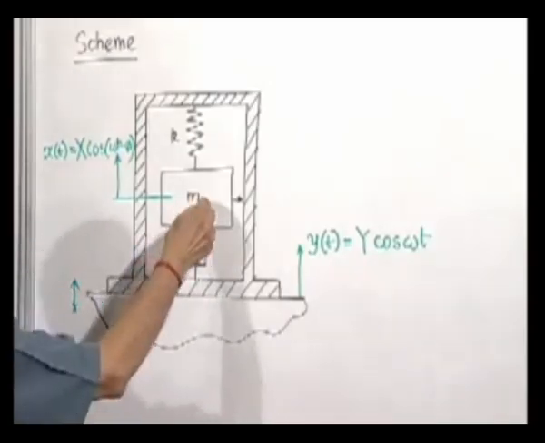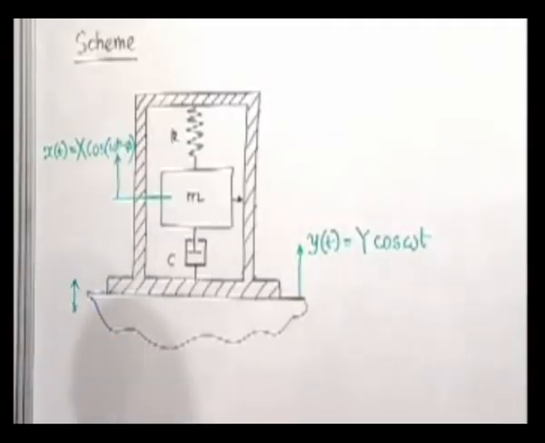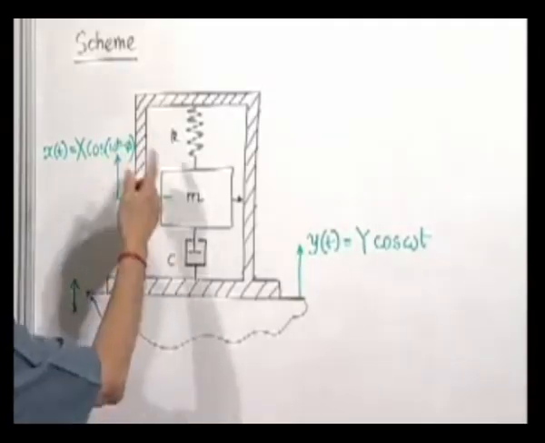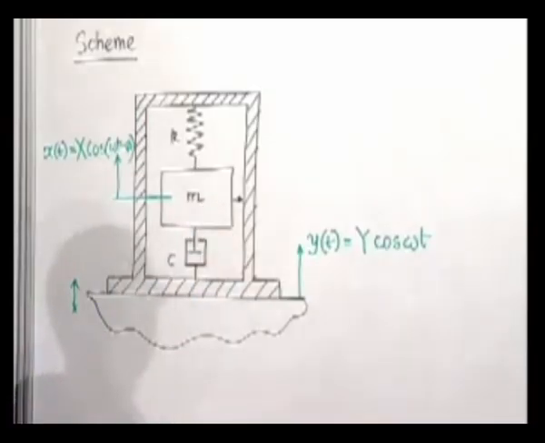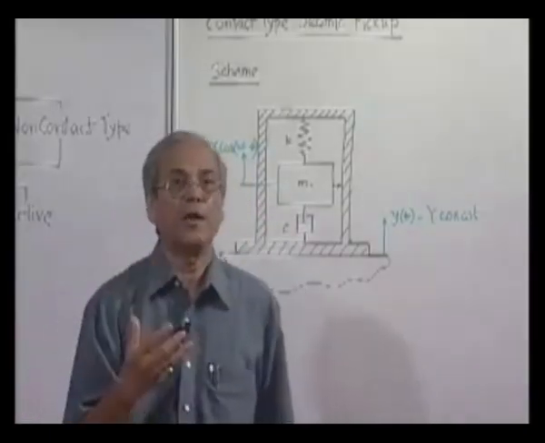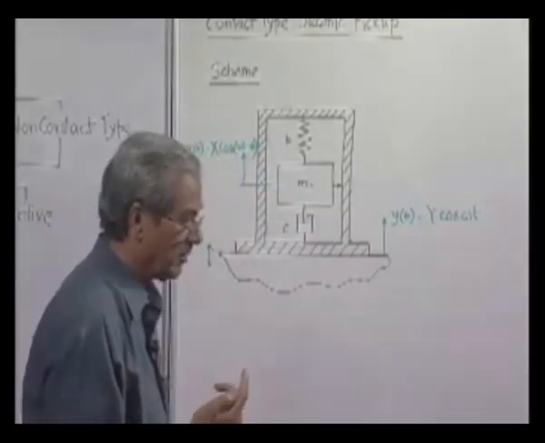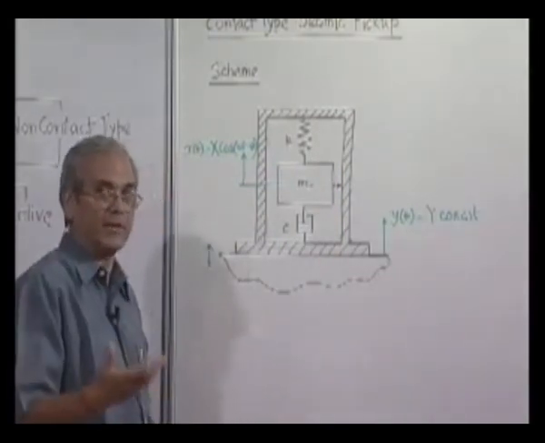This movement is sensed by some electromagnetic effect. If we put a coil and a permanent magnet attached to this, or the other way around, the coil attached to this and a permanent magnet fixed to this body, then the relative movement between the coil and the core will generate a signal. So actually it is done that way.